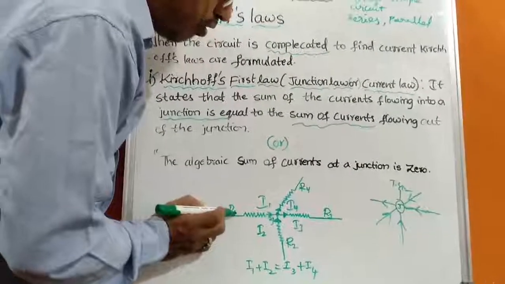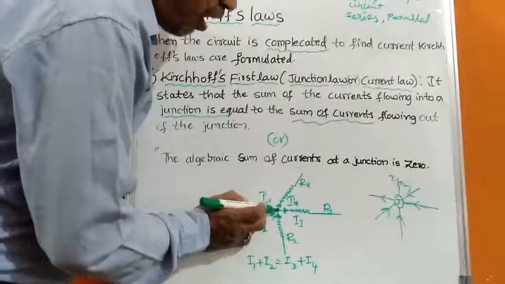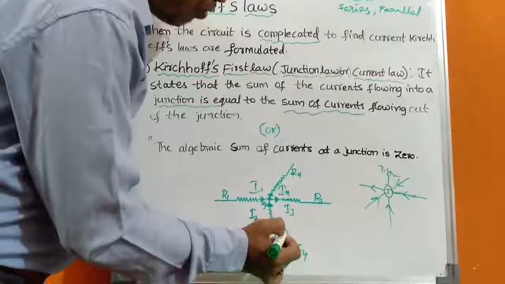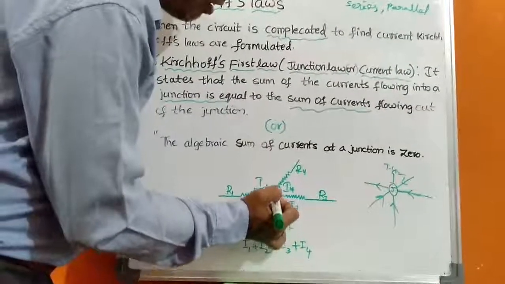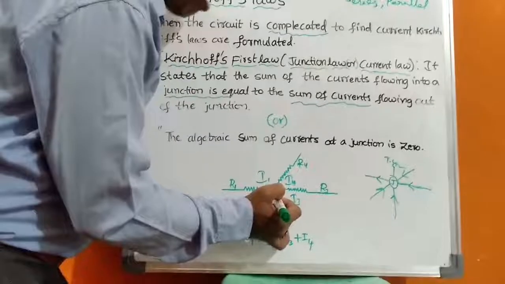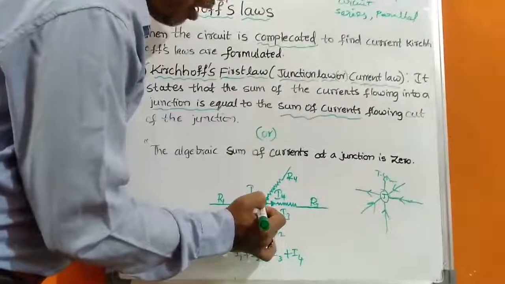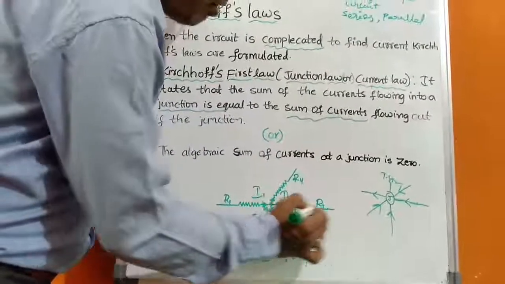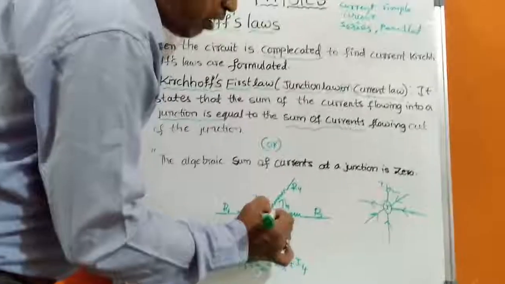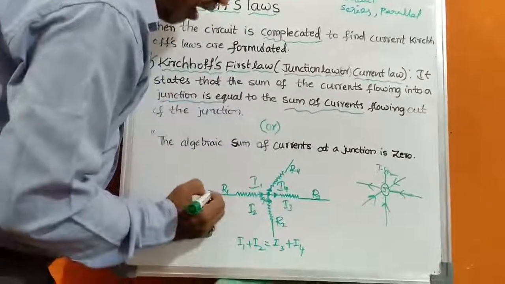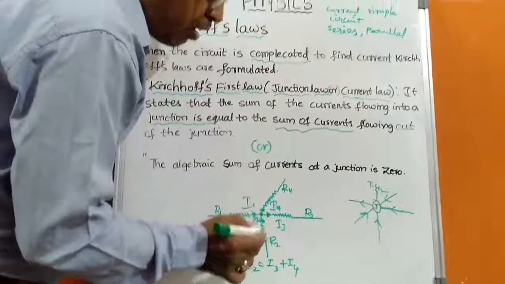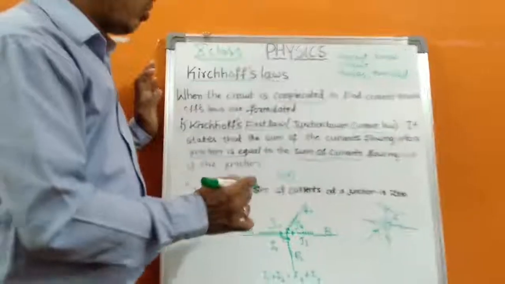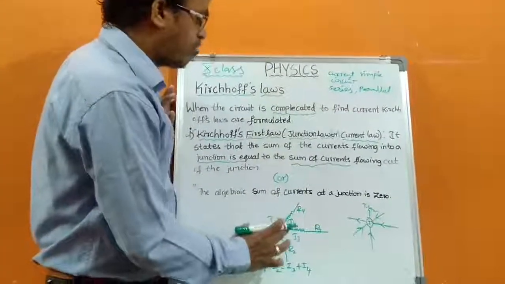Here the resistance R1 is reaching the junction, and another resistance R2 is reaching the junction A. This arrow mark shows the direction, and the currents I3 and I4 in R3 and R4 are leaving the junction. R1 and R2 are towards the junction, R3 and R4 are away from the junction. So the sums of these are equal.